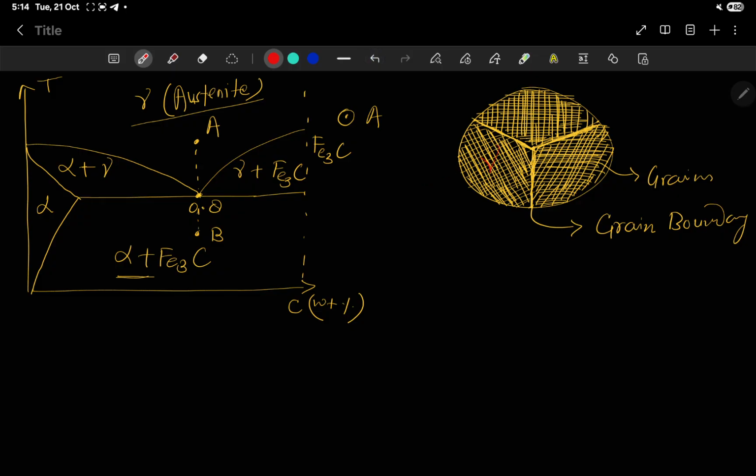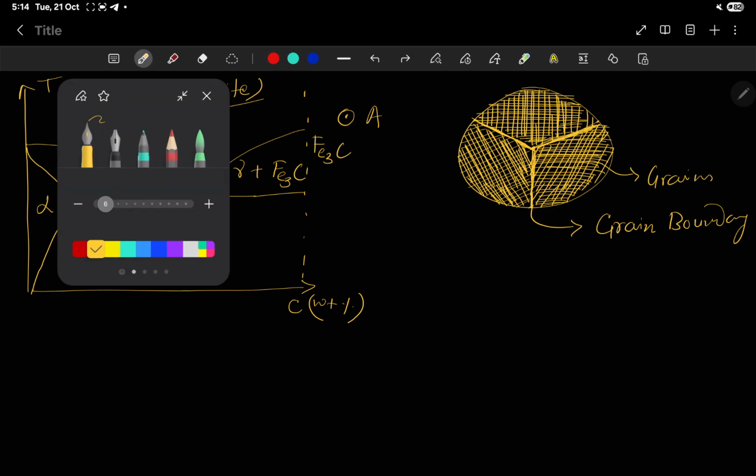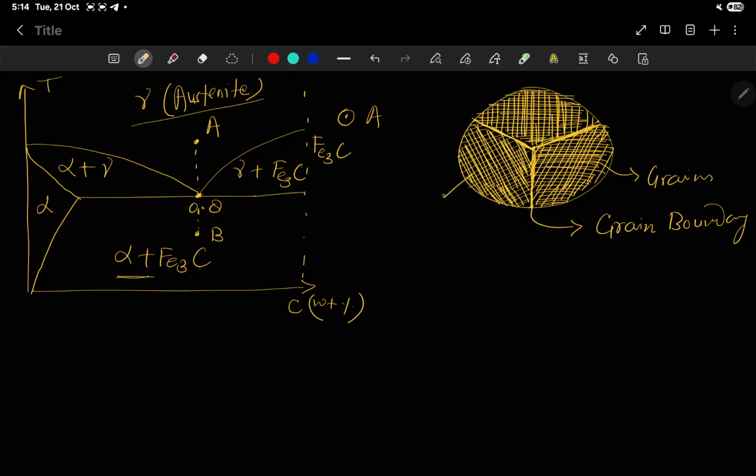Write it here. This is gamma. So you can see here we will get a polycrystalline single phase gamma. What is the meaning of polycrystalline?